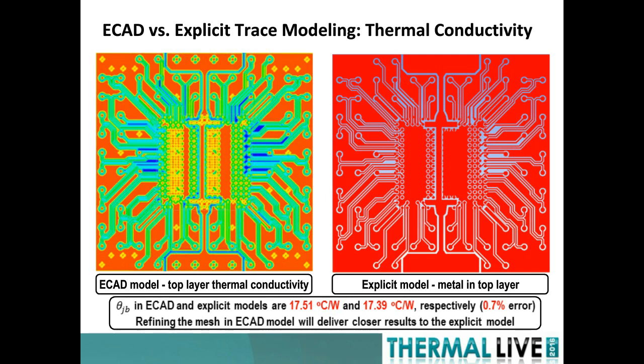And refining the mesh in the ECAD model further will deliver closer results to the explicit model. So accuracy is maintained with the ECAD approach as well. So in addition to being much faster than the explicit approach, the accuracy is not sacrificed.